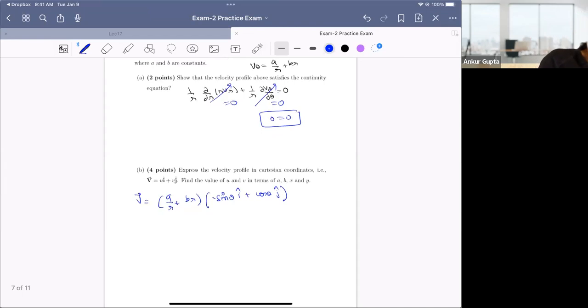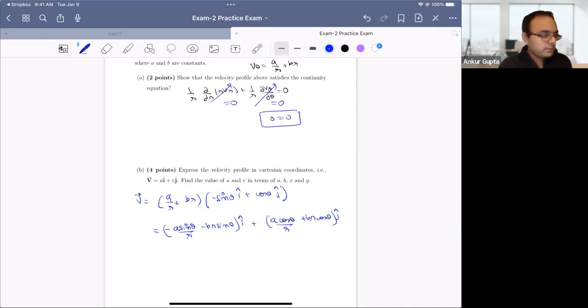So this becomes essentially minus a sine theta by r minus br sine theta i hat plus a cos theta by r plus br cos theta j hat.